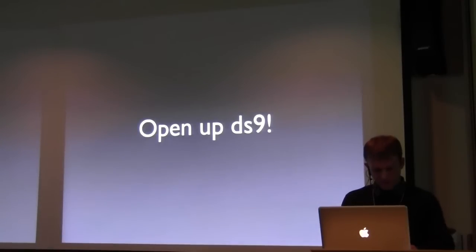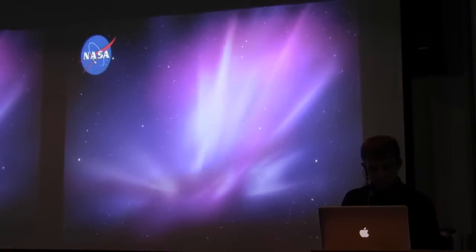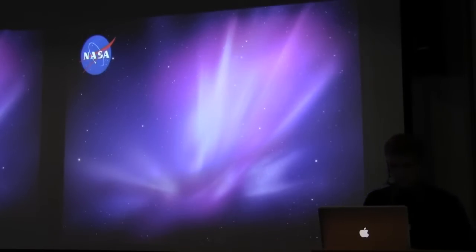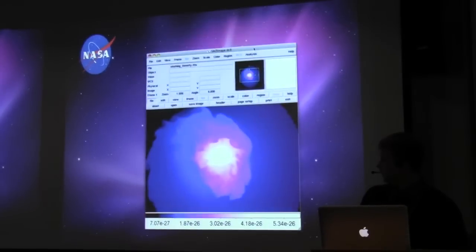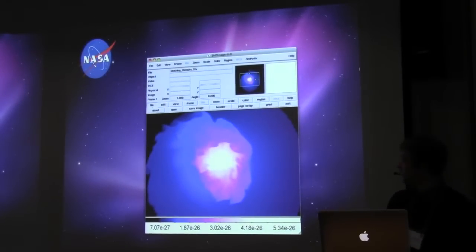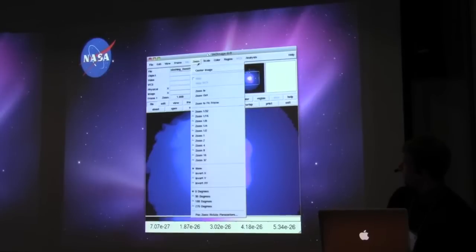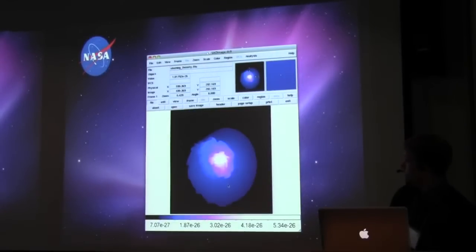I already generated one of these files, so I'm just going to take a second to open up DS9. DS9 is a program written at CFA that reads FITS data. And this is that sloshing data set. We'll zoom to fit the frame a little bit.